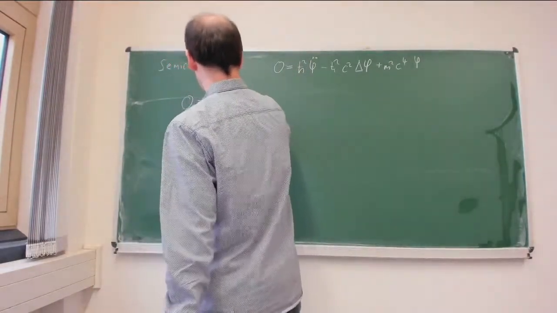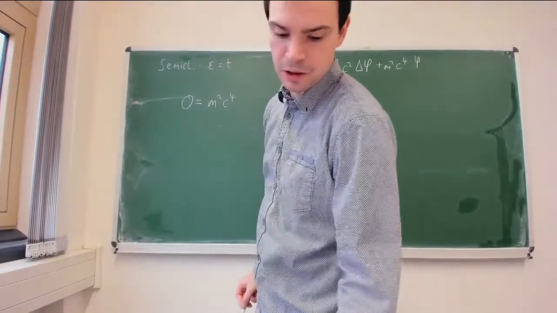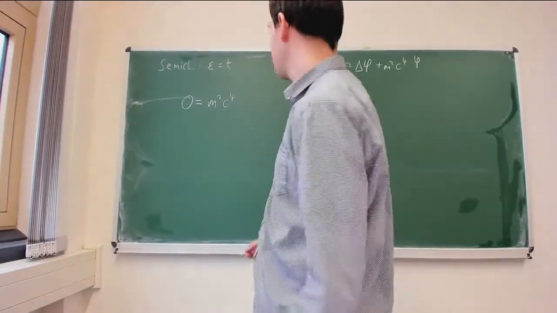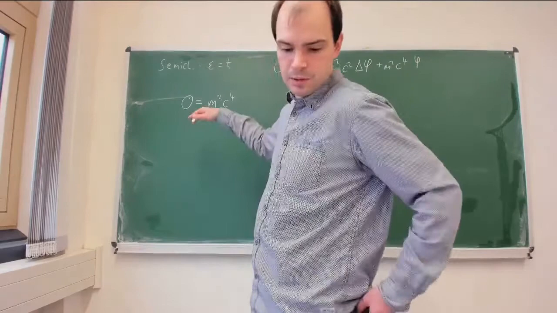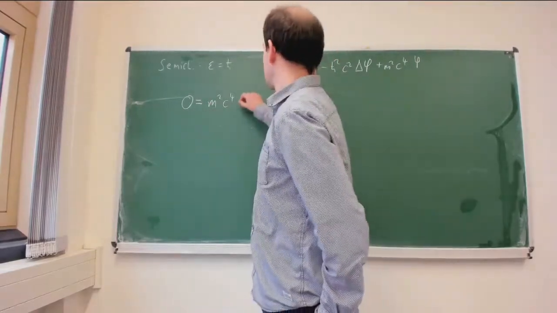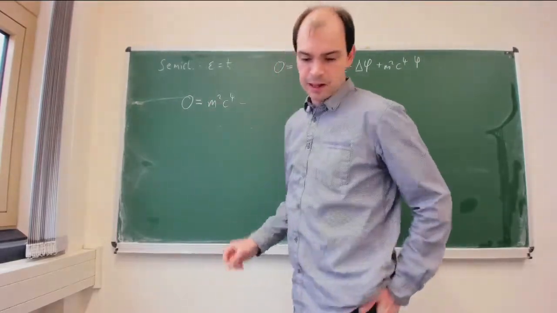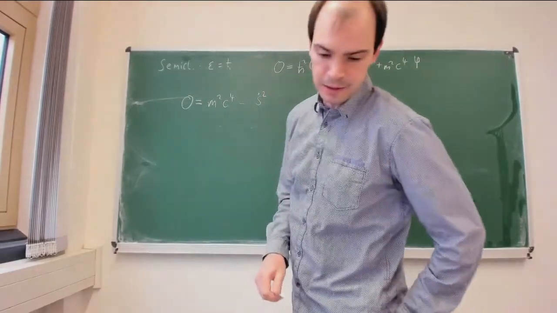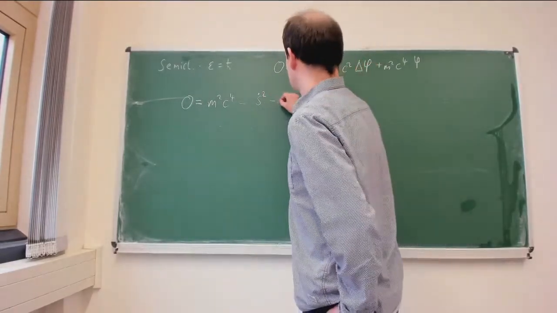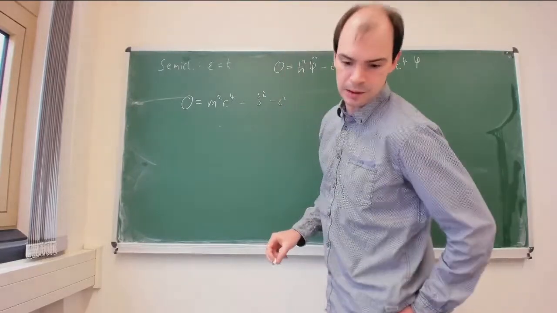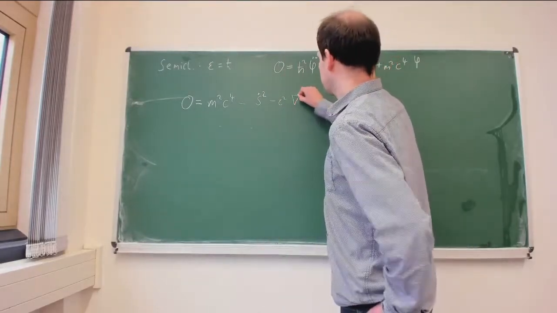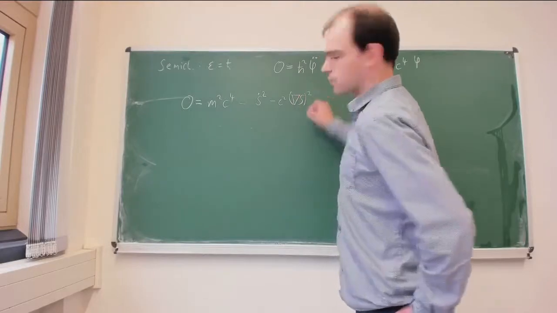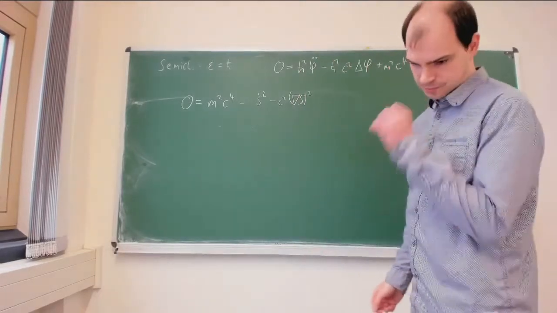is that you get 0 equals the m squared c fourth term, the constant term in the Klein-Gordon equation, which is of lowest order in h bar, and from the derivatives you get the terms S dot squared, and you get minus c squared gradient of S squared.